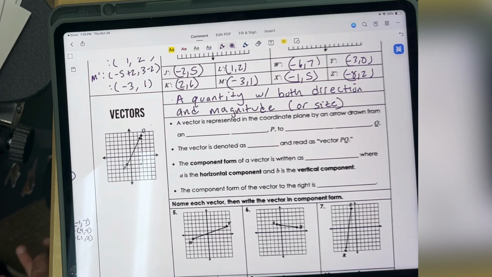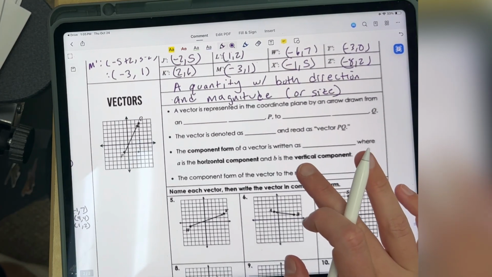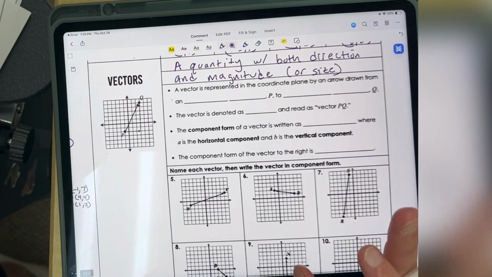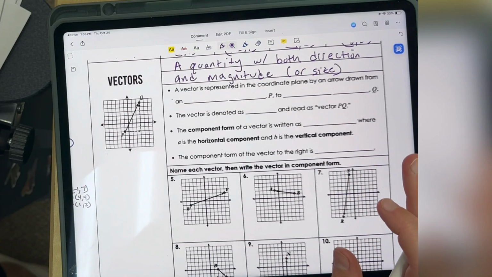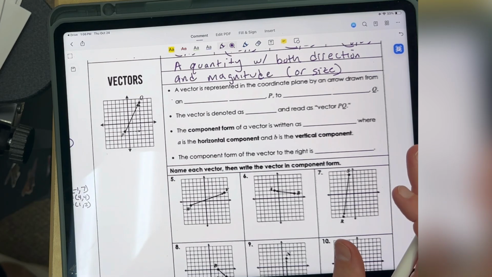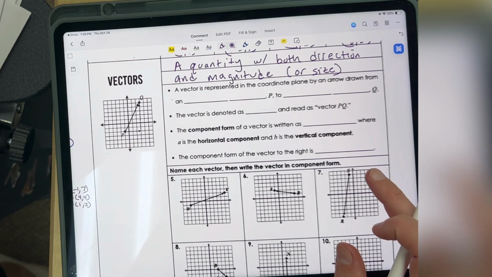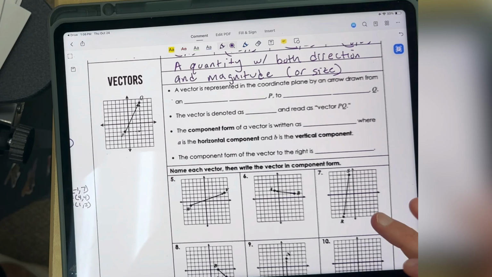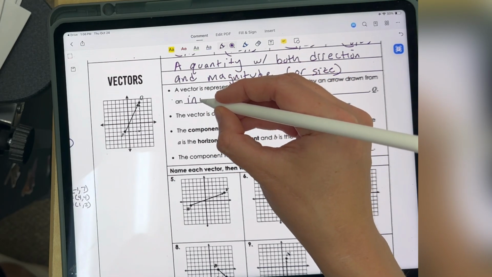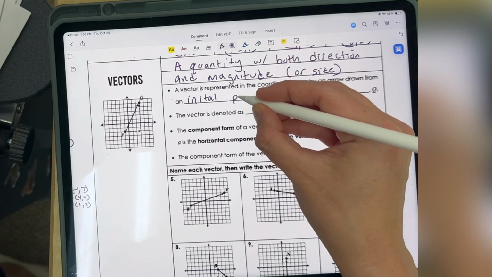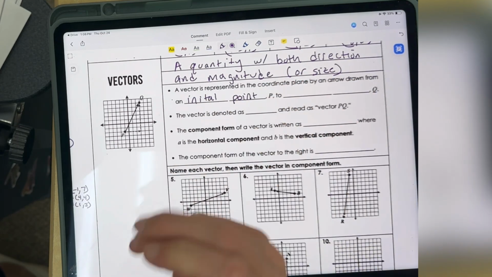Okay, as always, I don't care too much about definitions, okay? They're important, but they're not as important as a lot of other things. All right. A vector is represented in a coordinate plane by an arrow drawn from a point. Okay, it's called the initial point. So you have the point at which the person starts, okay?